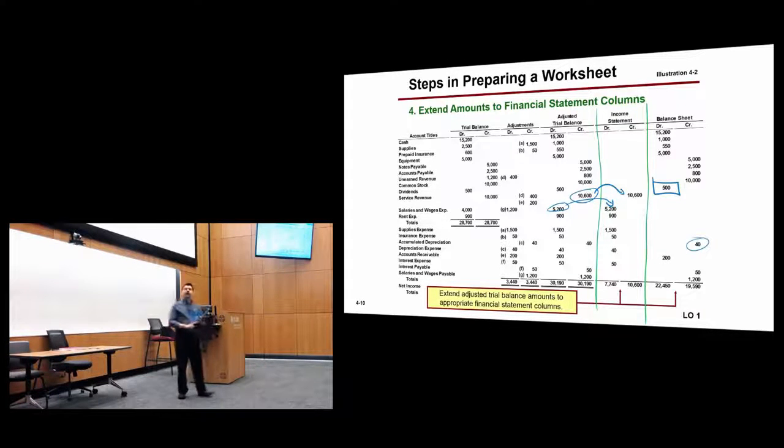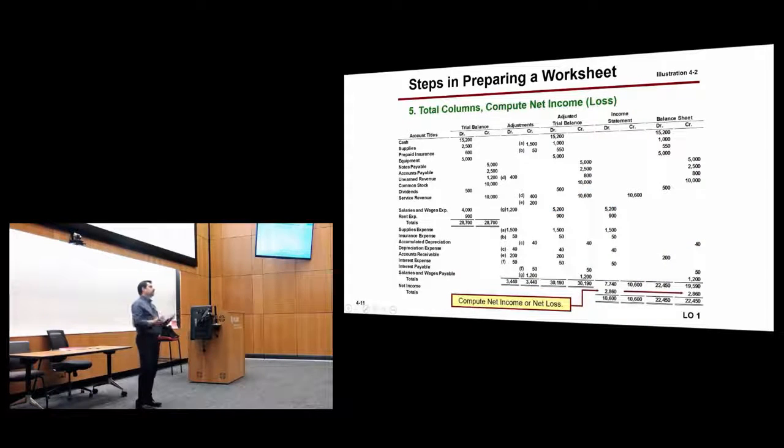Yes, we do. Do we have the net income or net loss? Yes, we do. Although at this point, it's still not directly found here, right? Actually, the last step would be to calculate net income.